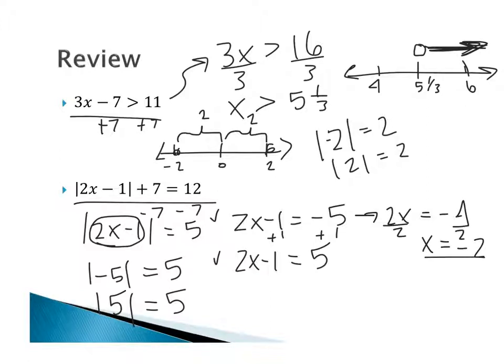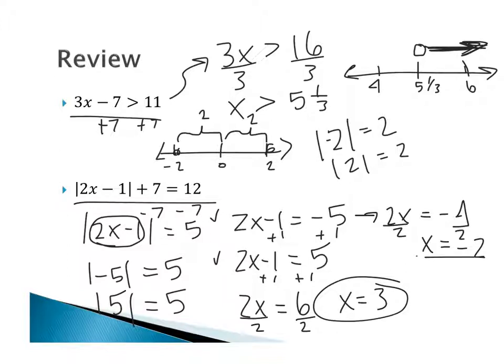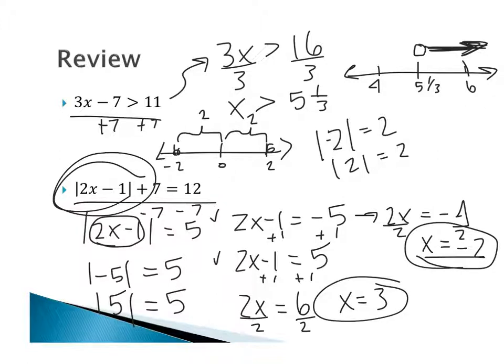That's only one of our answers. We're going to actually have 2. If I add 1 and add 1 here, I get 2x equals 6. Dividing by 2, I get x equals 3. So my 2 answers are x equals 3 and x equals -2. This idea of using absolute values is something that we're going to incorporate with inequalities today.